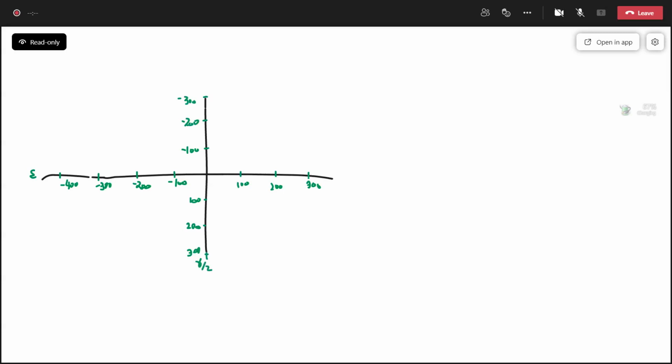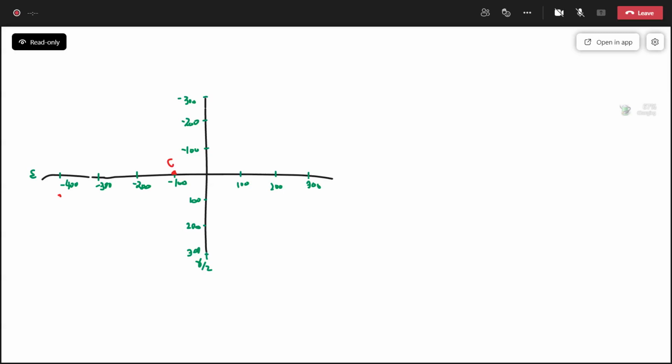First we will mark the center point. The center point has coordinates minus 100 and 0. So this is your point C. The reference point has coordinates minus 400, 75. So somewhere here.